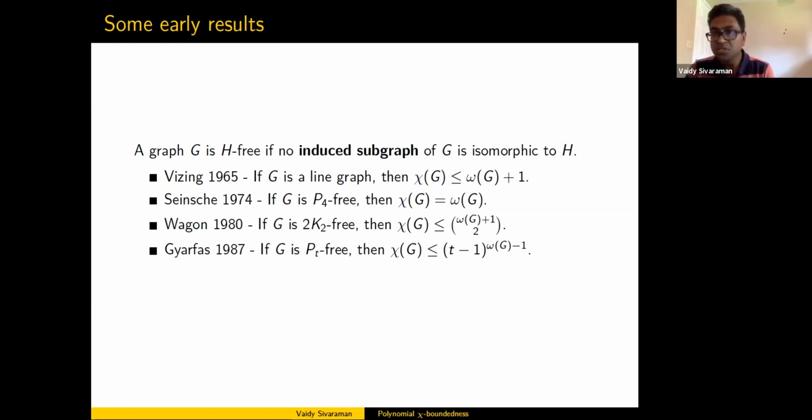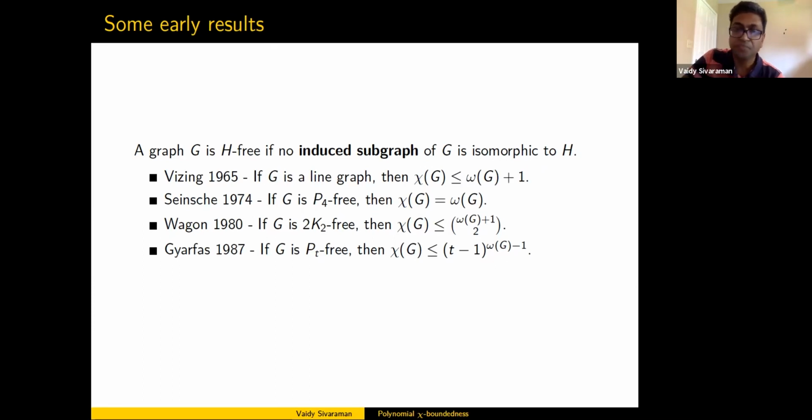He introduced what is now known as the Gyárfás path argument, very, very influential, which gave him this bound. But unfortunately, this bound is exponential. So we ideally would like to reverse the roles of omega and t in this bound, but nobody has been able to do that.